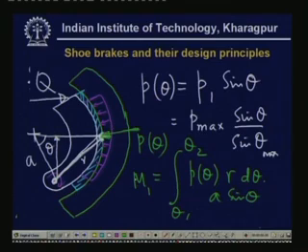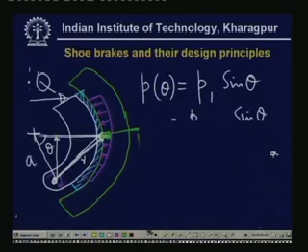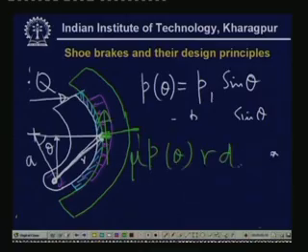The net moment due to the friction force can be found out if we consider this friction force. So this friction force here is P theta times mu and R d theta.